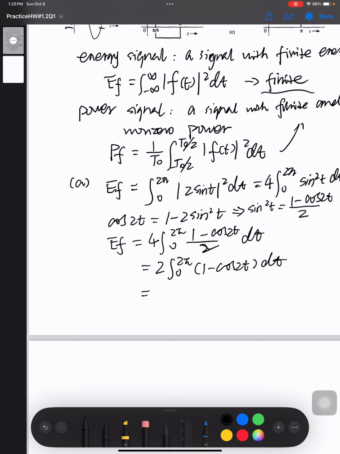For this part it's just t from 0 to 2 pi, and minus one half sine 2t, integrated from 0 to 2 pi.